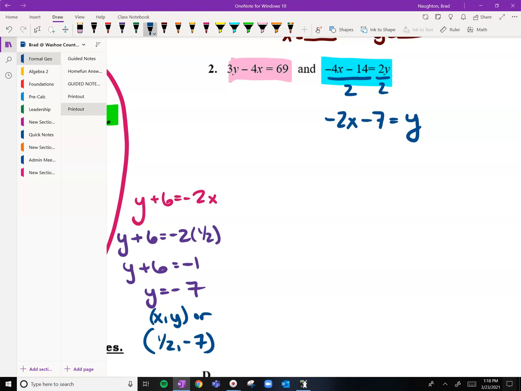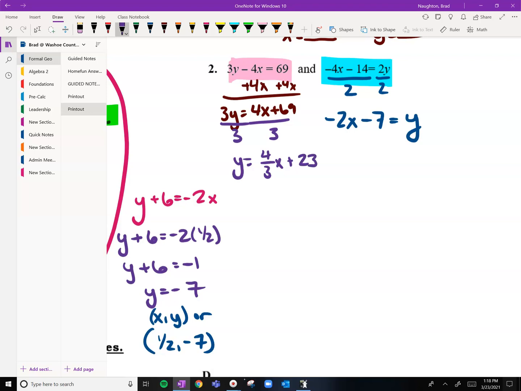Now I'm going to solve for the y in the other equation. Okay, so we'll add 4x. So I get 3y is equal to 4x plus 69. And then I'm going to divide both sides by 3, and I'm going to get y is equal to 4/3 x plus 23.